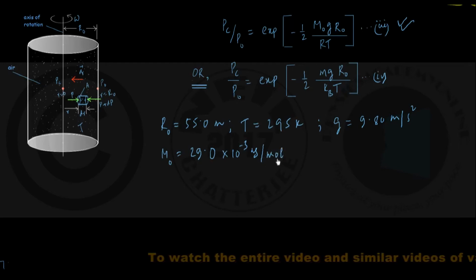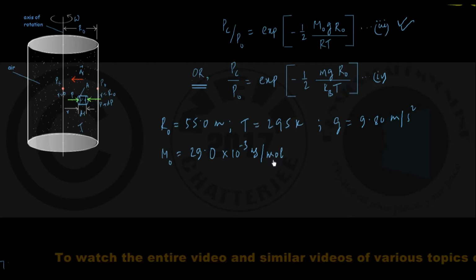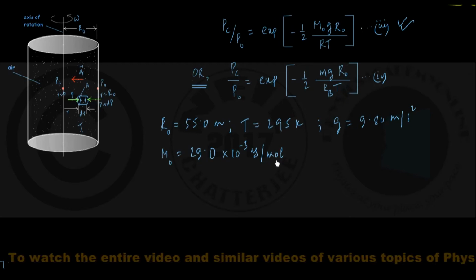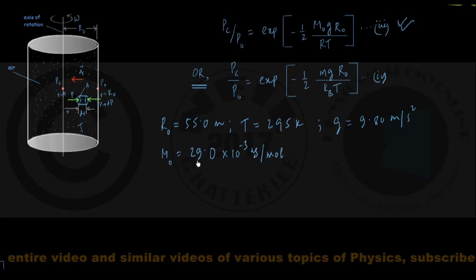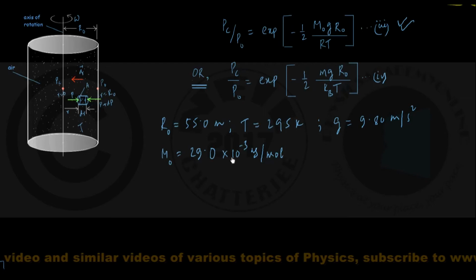You remember this is a fundamental unit in SI of amount of substance. The whole word is MOLE, mole, but MOL is abbreviation for that, and that is the molar mass of air, which is a mixture of a number of gases.